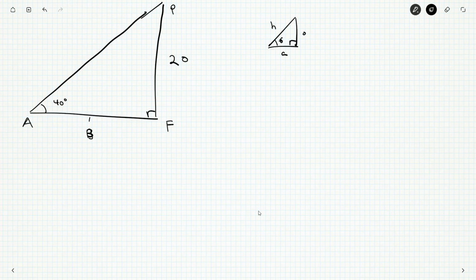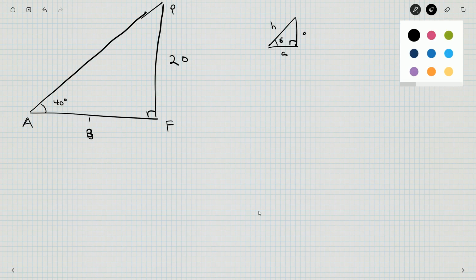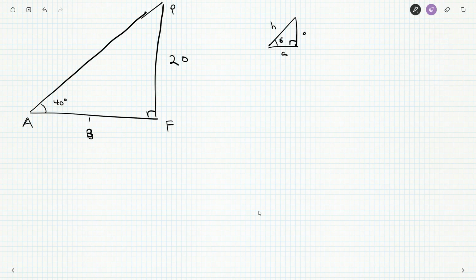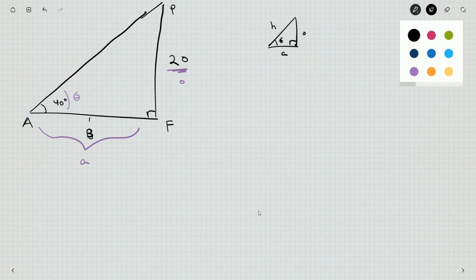And we have a lot of nice relationships. Sine, cosine, tangent. You can even get into some of the other ones, cosecant and things like that. But what do we want? Well, I want to figure out AF. That's currently my plan. So AF is the adjacent side. What do I know? I know 20, the opposite side, and I know the angle theta. So what relates theta, the opposite side, and the adjacent side?